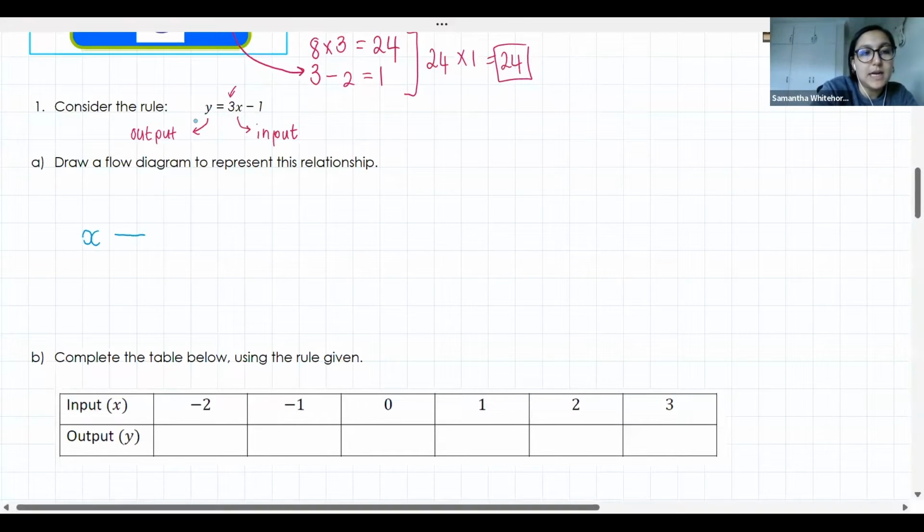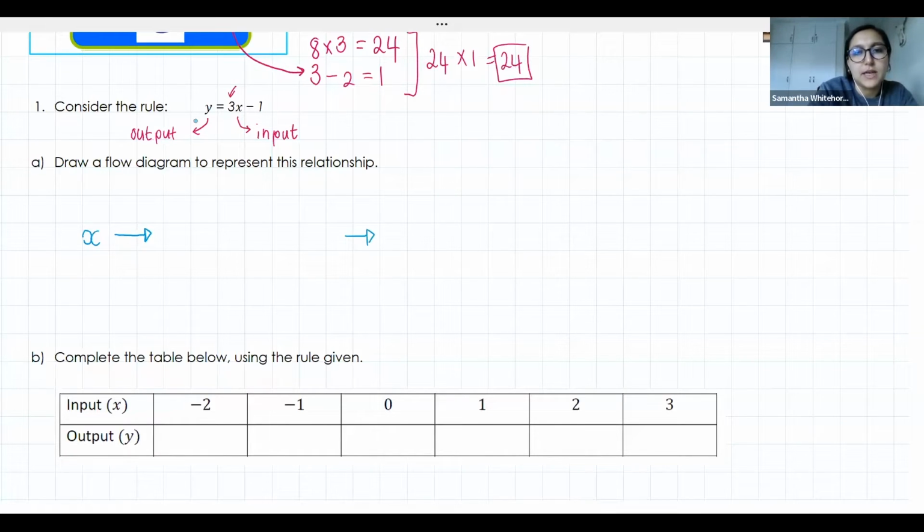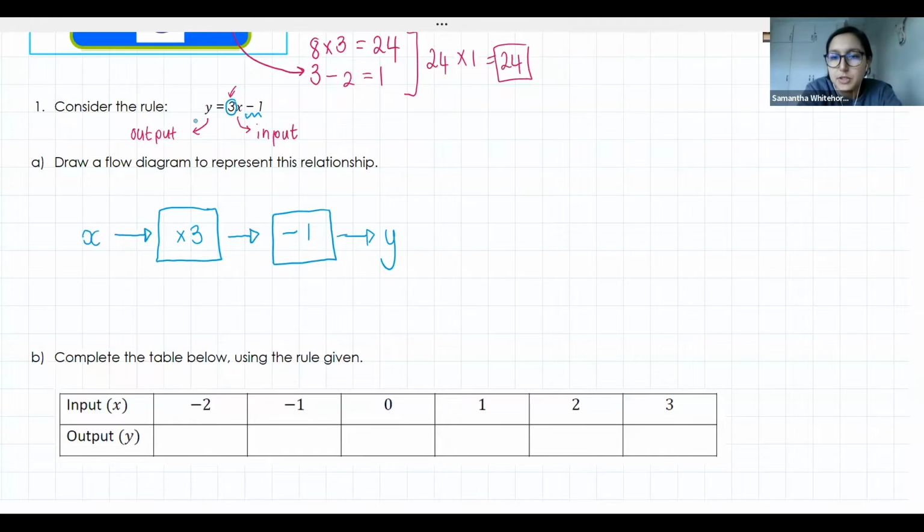We need to take our input and perform some operations on it, and we are eventually going to get our output. The first thing that we do to our input is multiply it by 3, so we find a product with the input and 3. The next thing that we do according to our rule is subtract 1. And once we've done all of that, we're going to get our output.